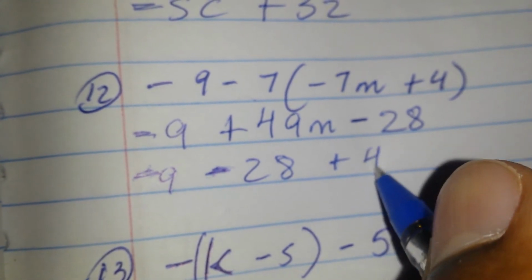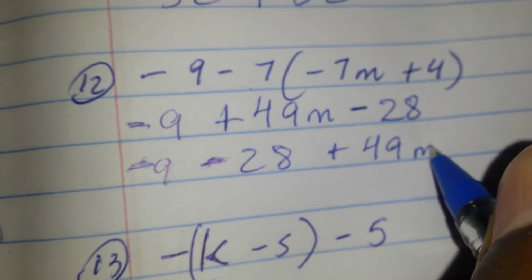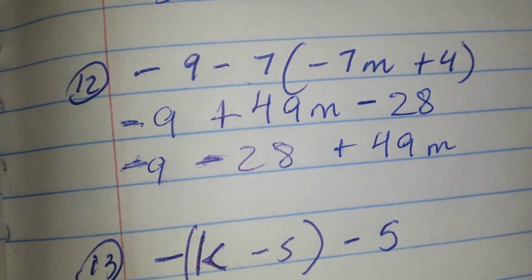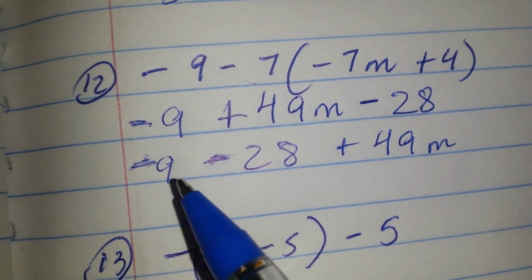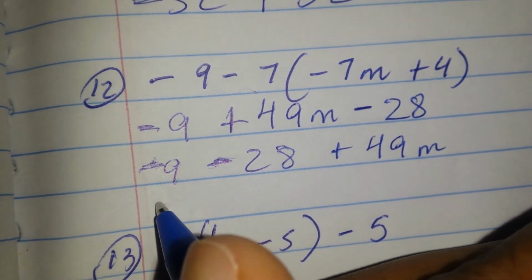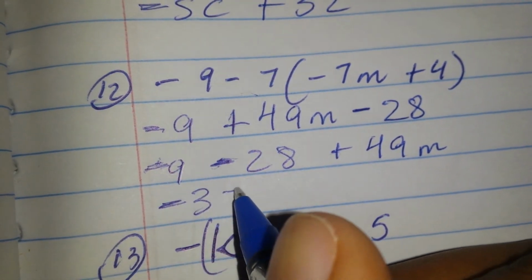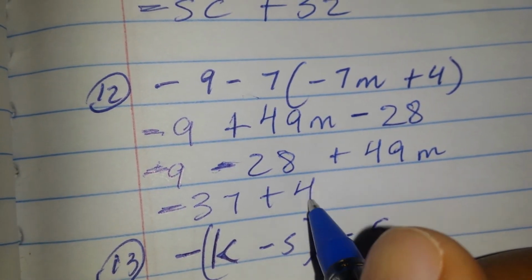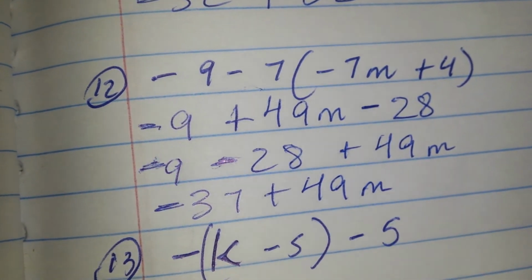And it's okay to write it like this in your exam. It's okay to include this in your answer. So we have minus 9 minus 28, which would give us minus 37 plus 49m, and that's it.